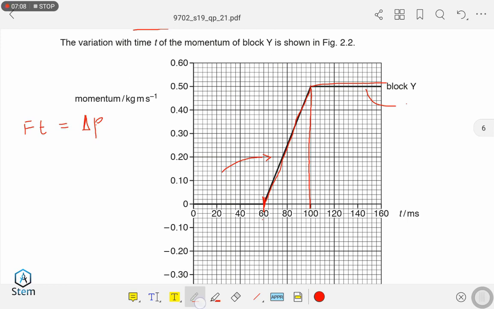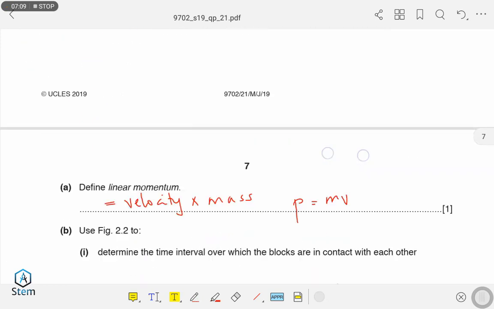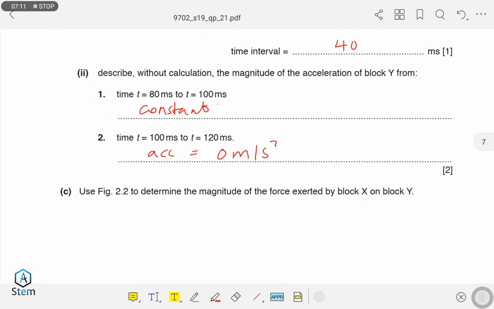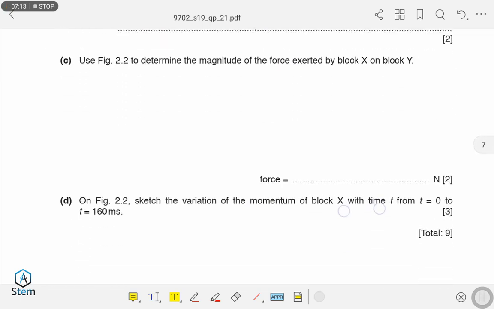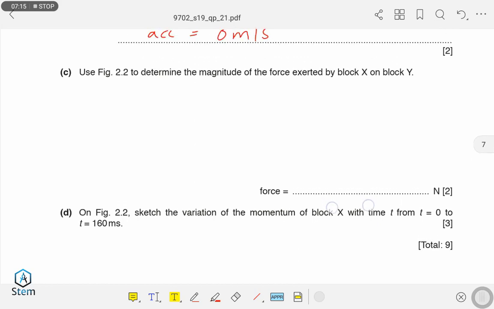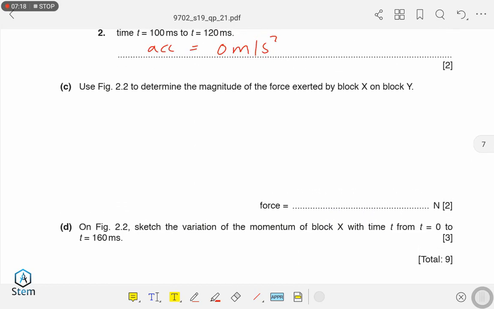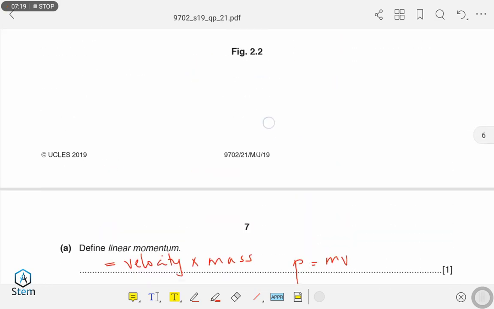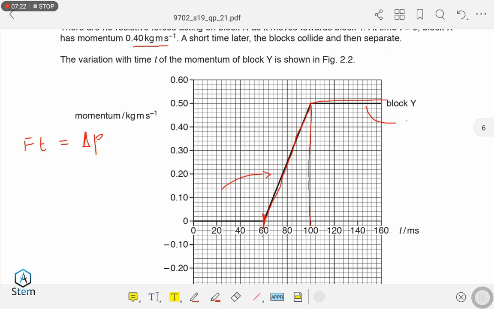Sorry, I forgot the time frames, so let me just quickly check. During the whole transfer of momentum, during the whole interaction, we can say F.